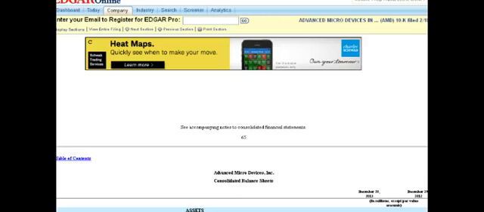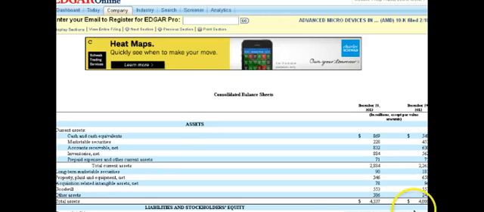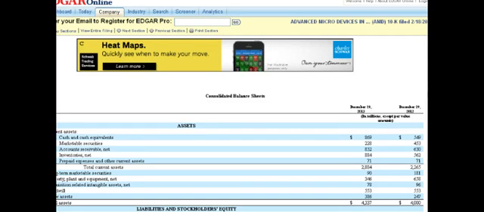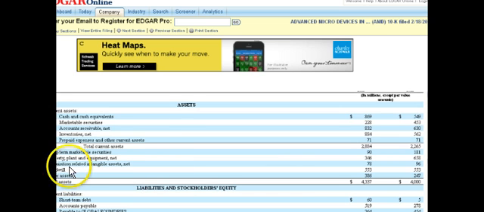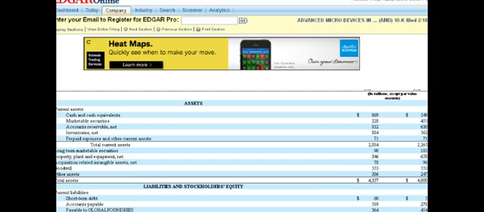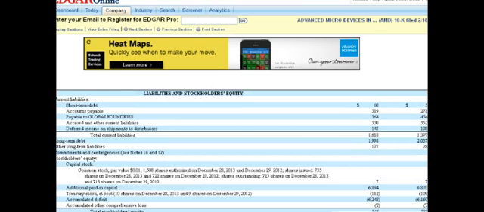Consolidated balance sheet. There we go. This is the year-over-year comparison. It's a 12/31 year end, 2012, 2013. Open this up for you so you can see all of it. Okay. You see the assets, and then you see the long-term liabilities.